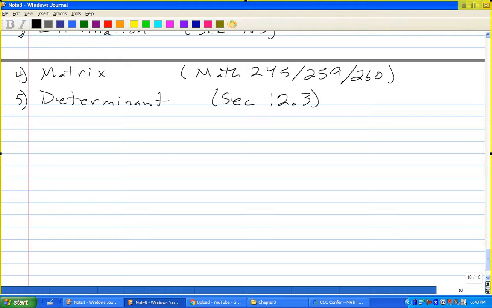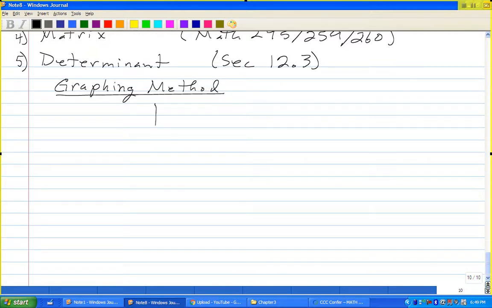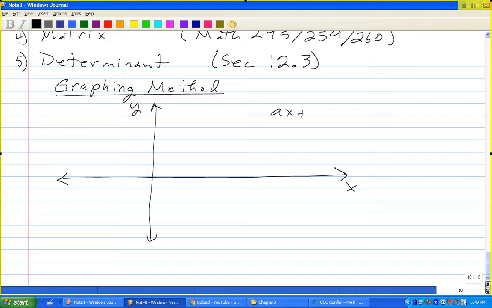Okay, so let me tell you about the graphing method. Suppose I have some coordinate system. Then, if I have some equation, ax plus by equals c, I know that that's just the equation of a line, and any line in the plane can be put into that form.